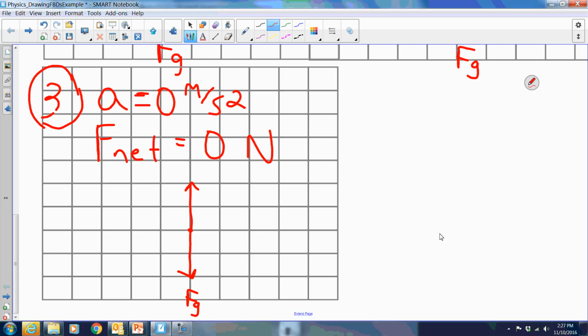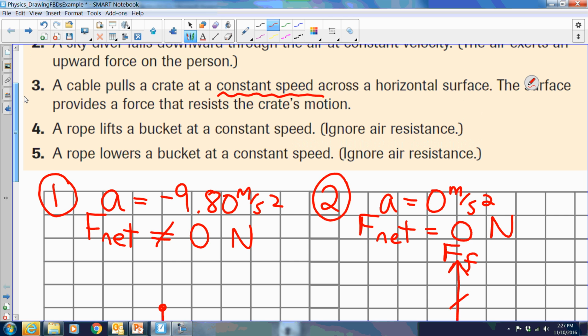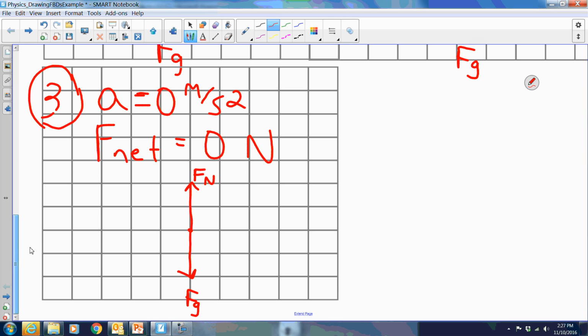The floor is horizontal, but it exerts a normal force because normal means perpendicular. So it's exerting a force up on the crate. And then it's moving at a constant velocity across that surface. It doesn't really say to the right or to the left, so let's pretend it's going to the right.